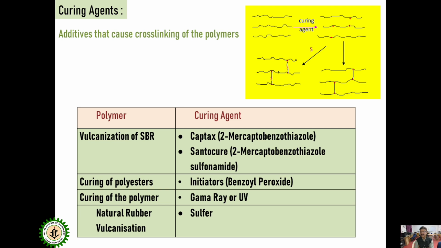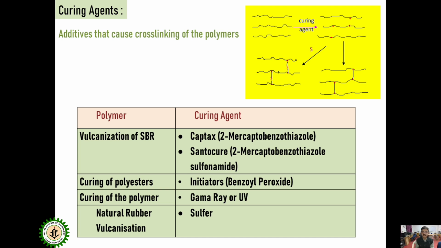But if it is cured in presence of sulfur or some suitable curing agent, then by the cross-linking process its mechanical strength, tensile property and elasticity will be further increased.